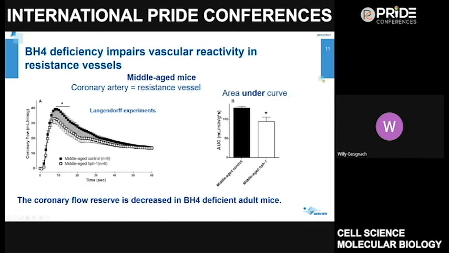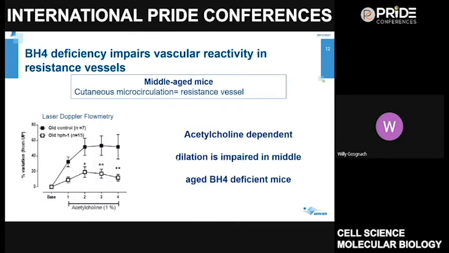What we saw in this middle-aged animal is that in the BH4 deficient mice, there is a reduction of this hyperemia response, especially a reduction in the peak, that is the maximum vasodilation, also called the coronary flow reserve. There's also a decrease in the global area under the curve. So here again, in middle-aged animals, the reduction in BH4 level induces vascular dysfunction.